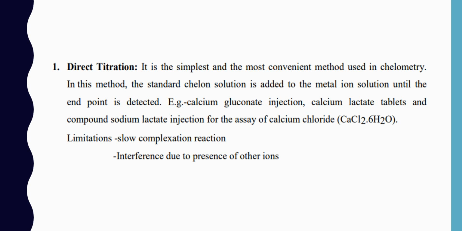In this method, the standard chelating solution is added to the metal ion solution until the endpoint is detected. Examples are calcium gluconate injection, calcium lactate tablets, and compound sodium lactate injection for the assay of calcium chloride. Limitations: it is a slow complexation reaction, and other ions present can interfere. So in direct titration, we put our analyte solution and titrate it with a complexing agent, for example EDTA.